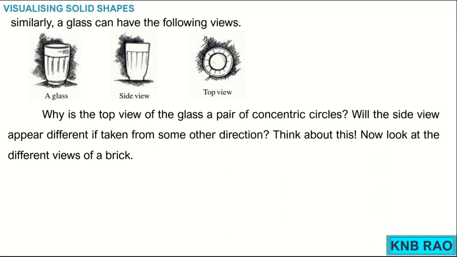Will the side view appear different if taken from some other direction? So you need to think about this. Now look at the different views of another example. So what do you think? Concentric circles because it is like a shell, a cylindrical shell.